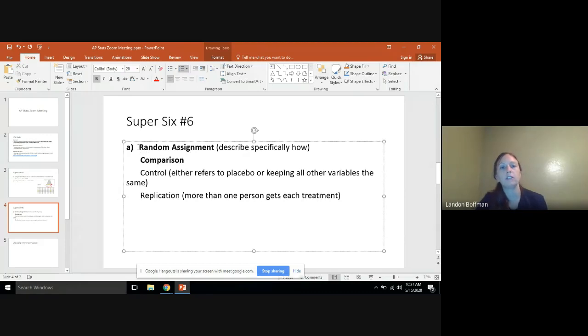So you would just use some type of random assignment to give the current drug and the new drug. And then you'd be very specific on how you're going to randomly assign it. And then you talk about comparing the results. If you do those 2 things, you should get your credit when you're designing an experiment.